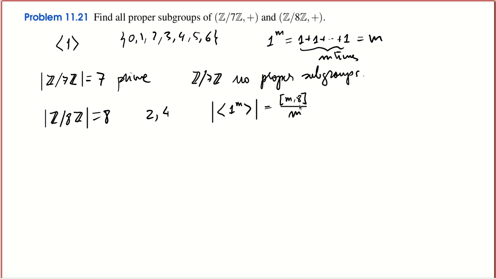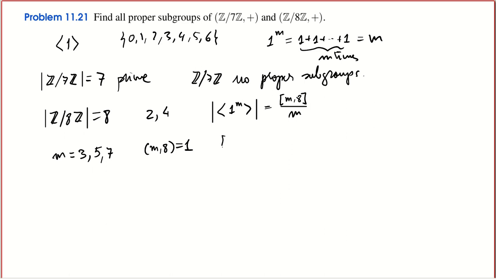So if m is equal to 3, 5, and 7, then the least common multiple divided by m is just 8, because the greatest common divisor of m and 8 is equal to 1.